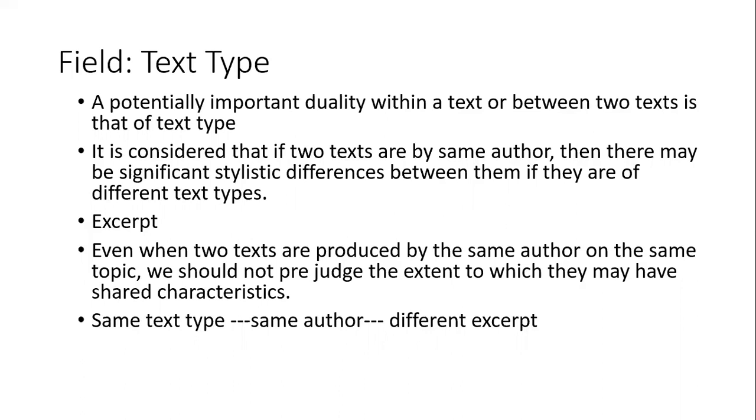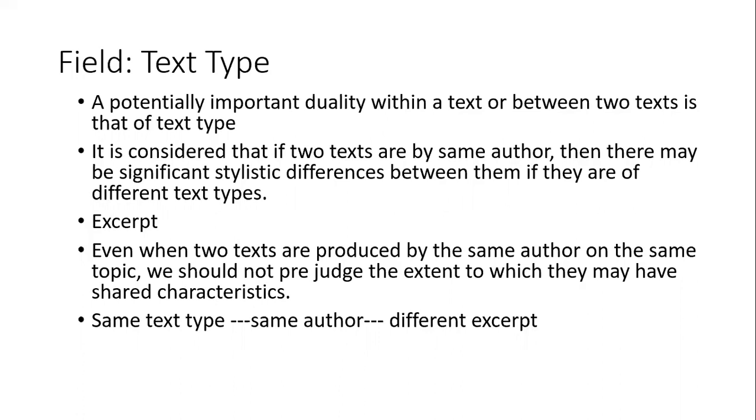It can be based on two different text types, that is genre, the way the person is saying something. It can be two different ideas as well. It is considered that if two texts are by the same person, then there may be significant stylistic differences between them if they are of different text types.